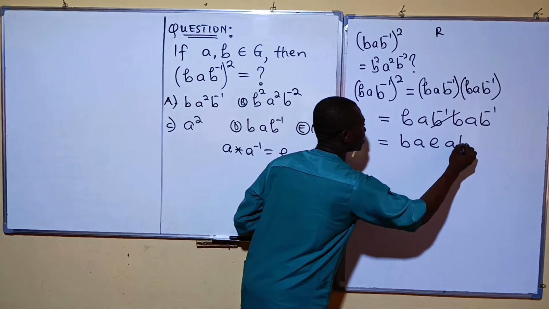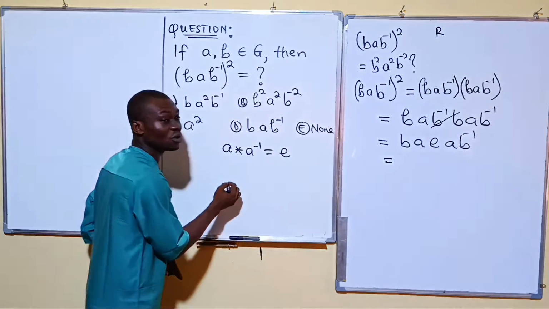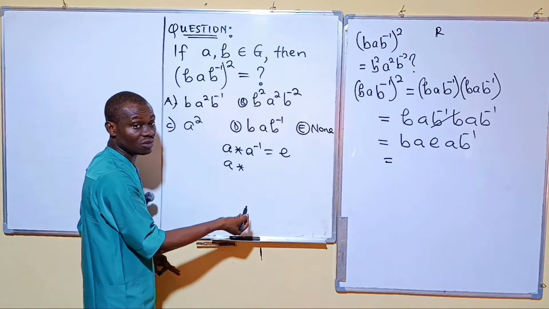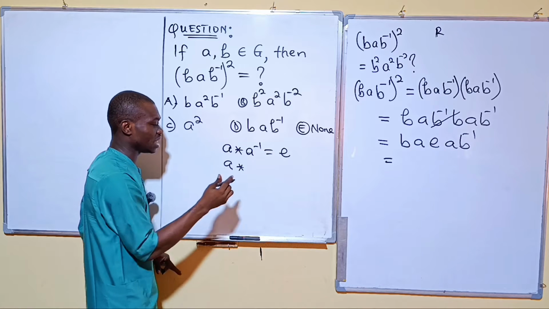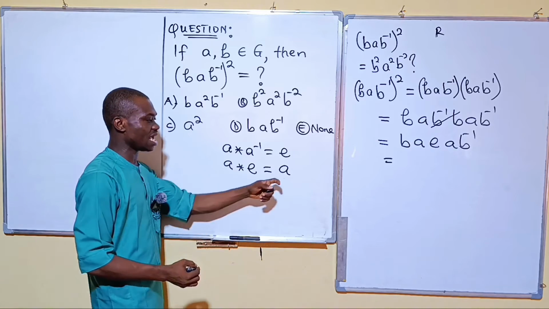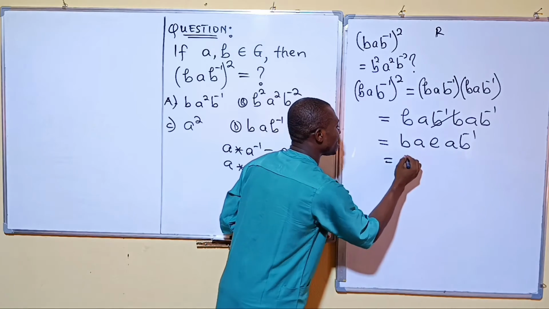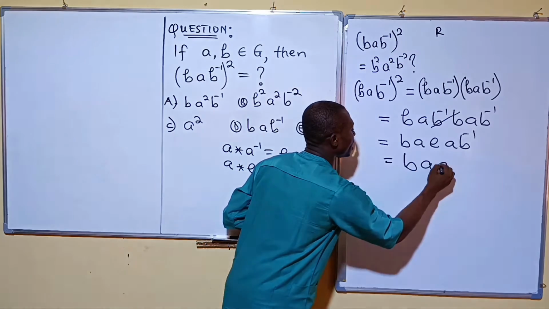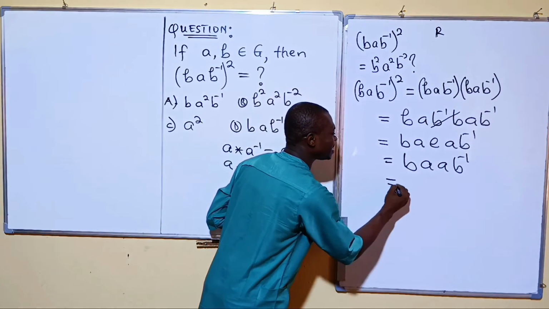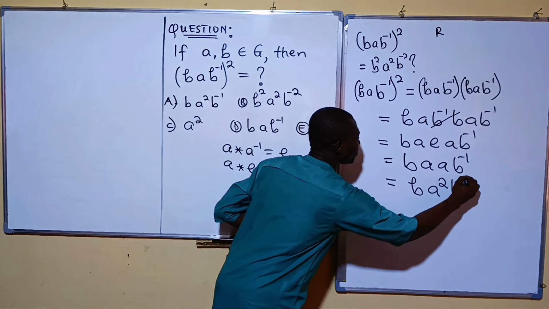The next property is that if any element is multiplied by the identity element, it is the same thing as the element. So if this identity element multiplies this A, you are going to have B inverse. This is the same thing as B A squared, then B inverse.